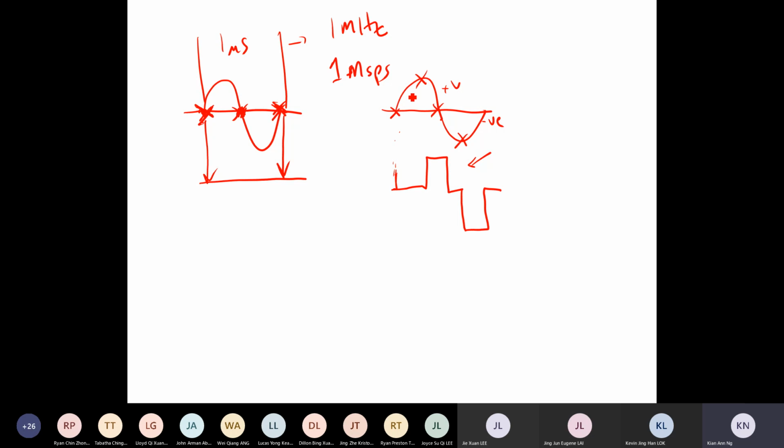Of course, if you really want to reproduce a sine wave, you need to sample faster to get a really nice sine wave, so nice that your eyes cannot even resolve 8-bit resolution. So your sample rate usually has to be much higher.